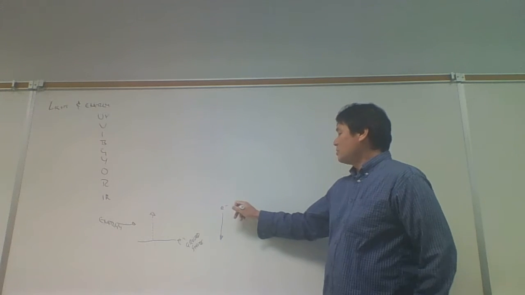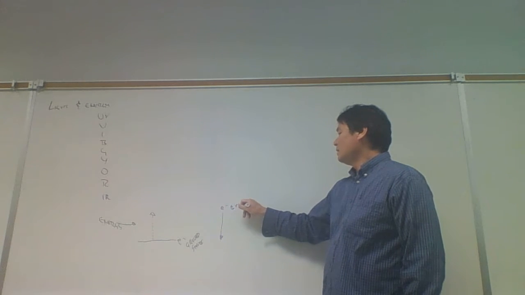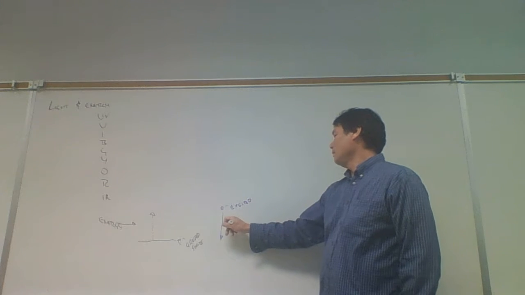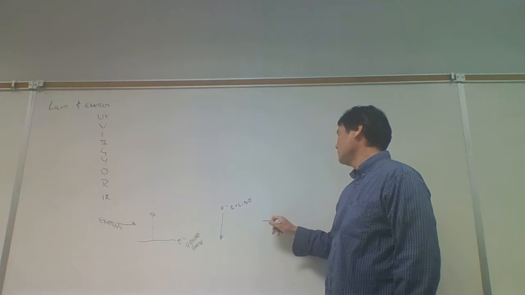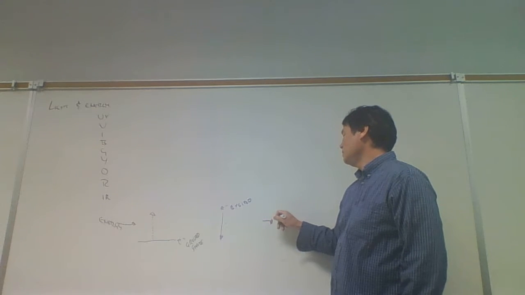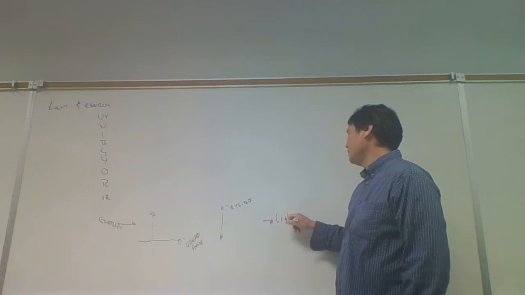When the electron drops down from the excited state back down to the ground state, then it has to emit energy. So we're going to emit energy, and the energy is usually in the form of light in this case.